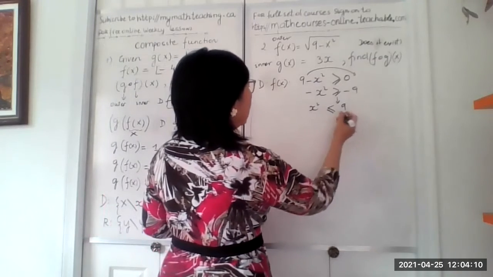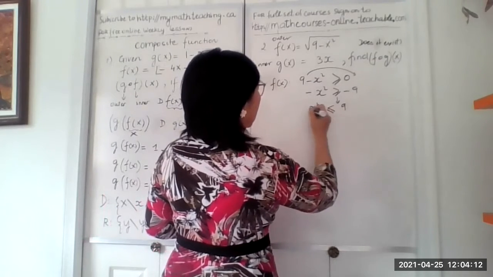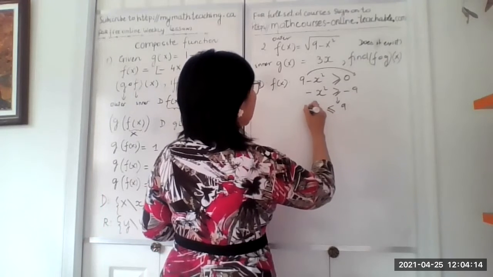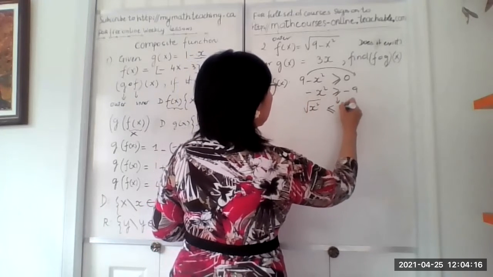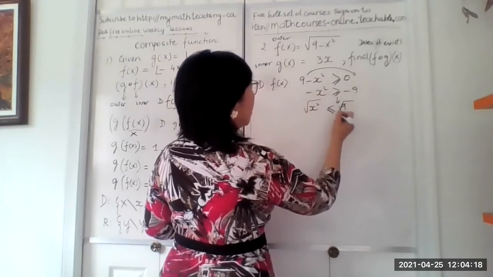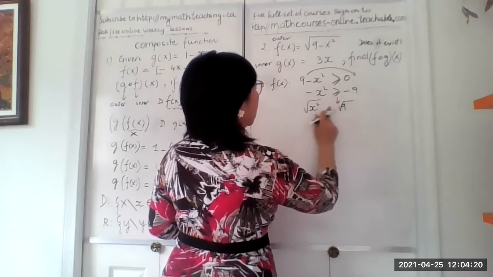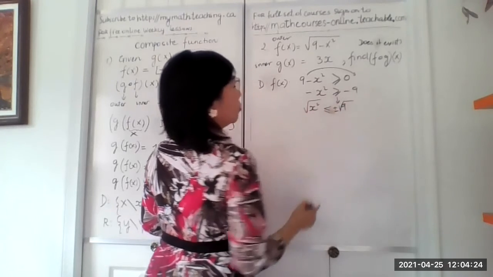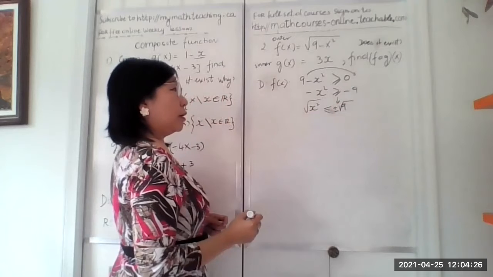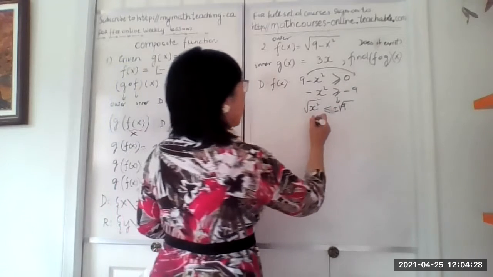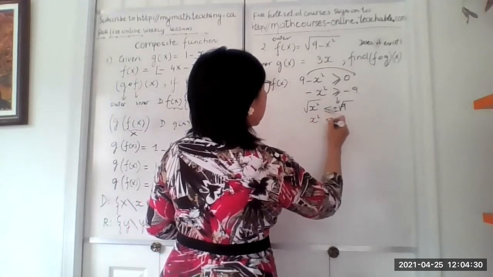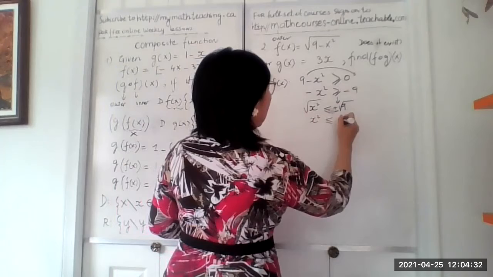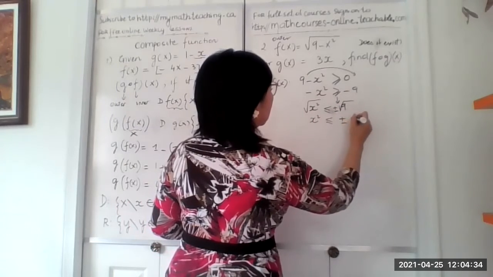So at this point, you know that to solve for x, you have to take the square root of both sides. And when you take the square root of both sides, just like you solve for the equation, you will end up with two numbers, adding and subtracting. So x squared will be less than or equal to 3, and subtract 3.